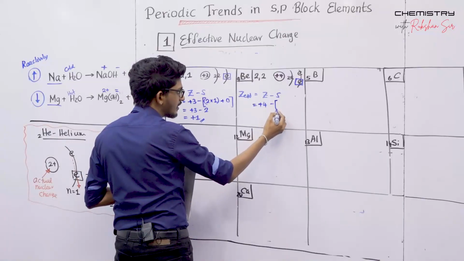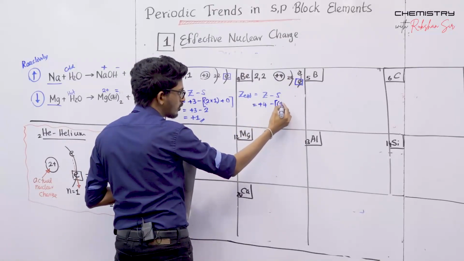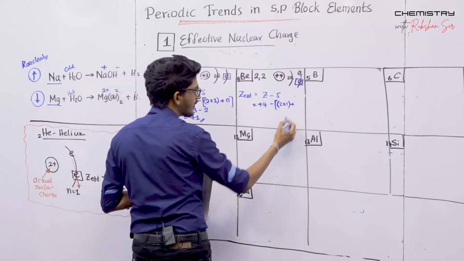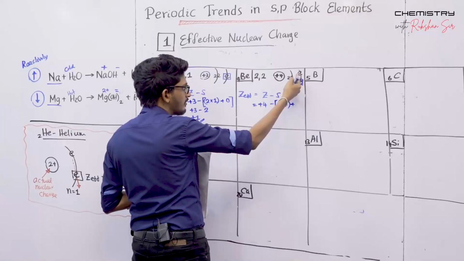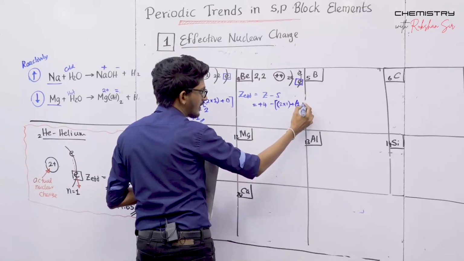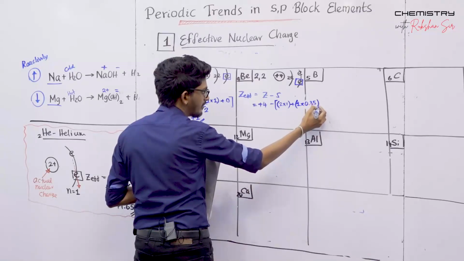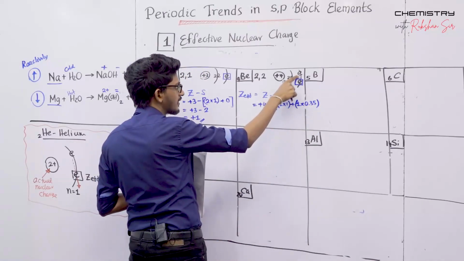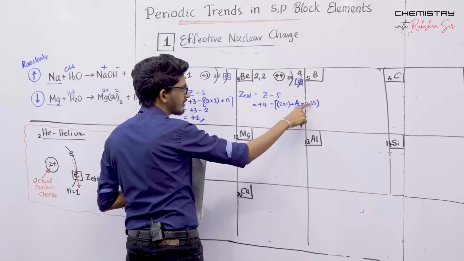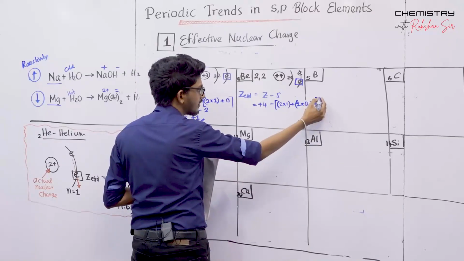So you have 2 inner electrons, 2 into 1, plus 1 same-shell electron, 1 into 0.35. One same-shell electron carries 0.35 units of shielding.